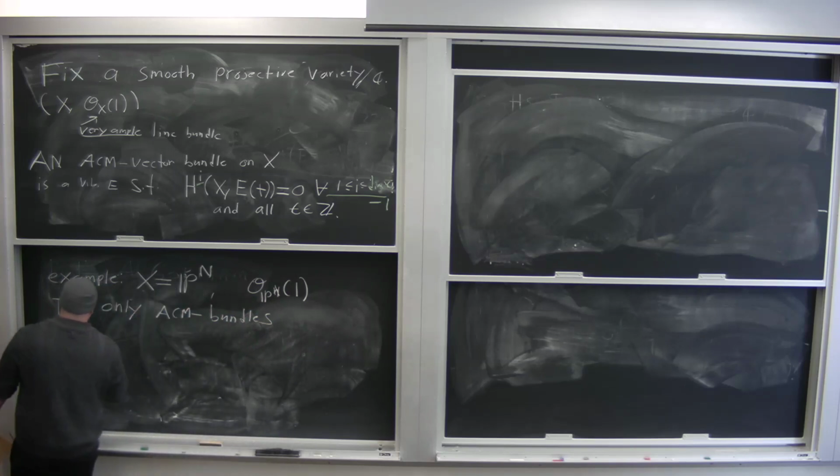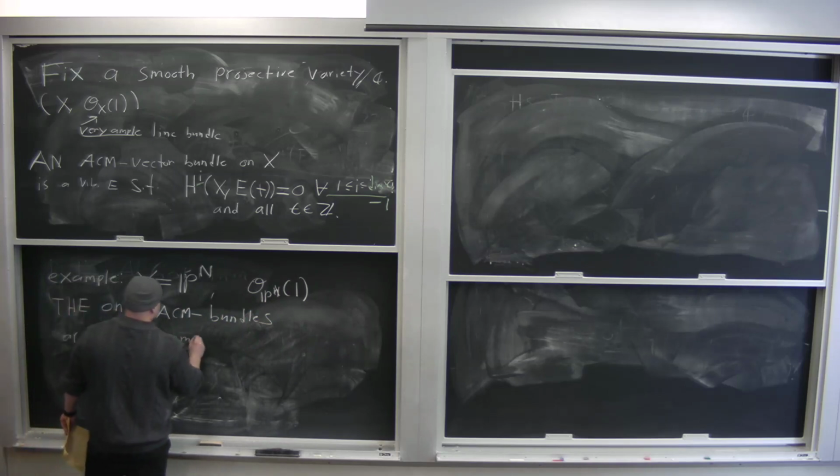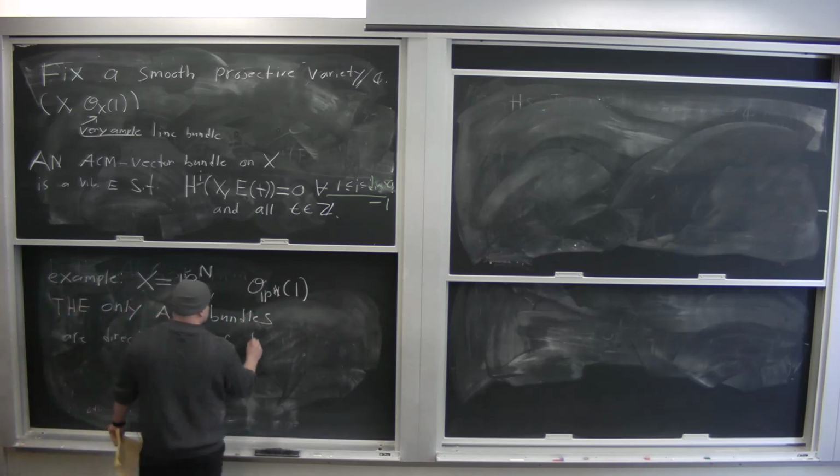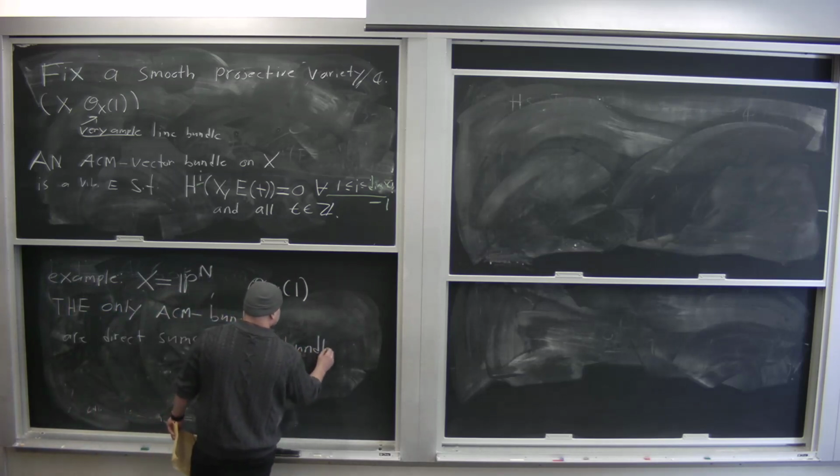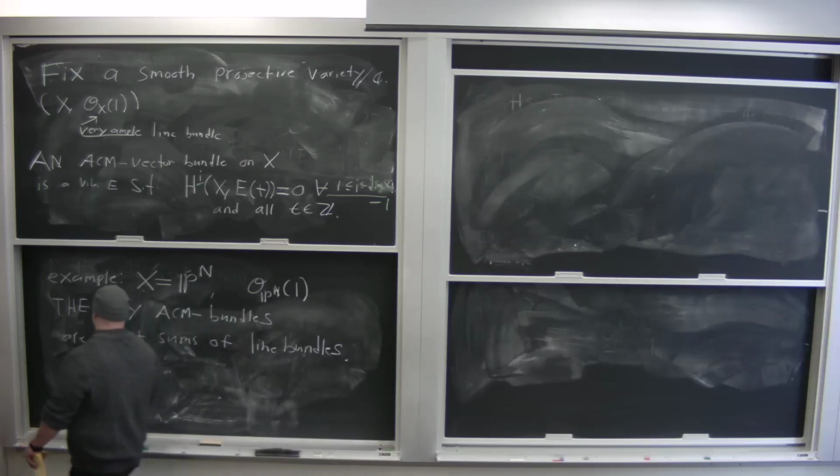So the only ACM bundles are direct sums of line bundles. This is by Horrocks.